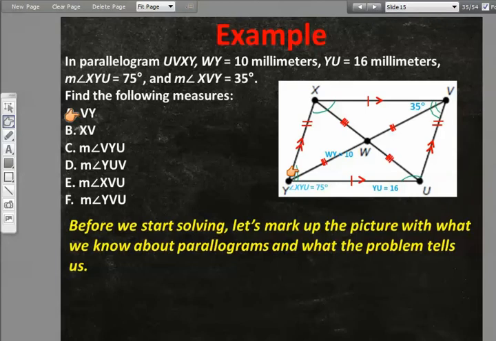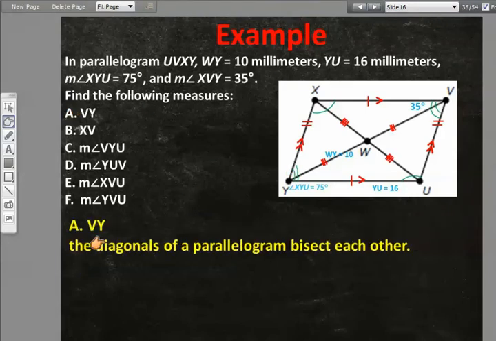So we're going to find out the measure of VY. The diagonals of a parallelogram bisect each other, so let's find VY. I'm going to draw it in here. VY. Right there. The whole thing.